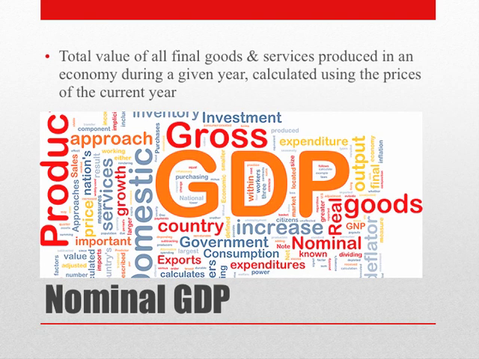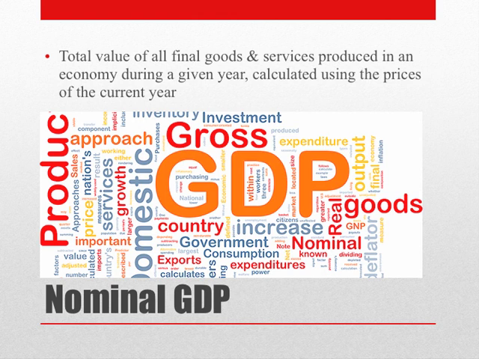Now we're going to break it up a couple different ways. Instead of just saying GDP, we're going to say nominal, we're going to say real, and we're also going to do something per capita, so we'll get to that. Nominal GDP, your definition is going to look just like your definition for GDP, with a little bit at the end. Total value of all final goods and services produced in an economy during a given year, calculated using the prices of the current year.